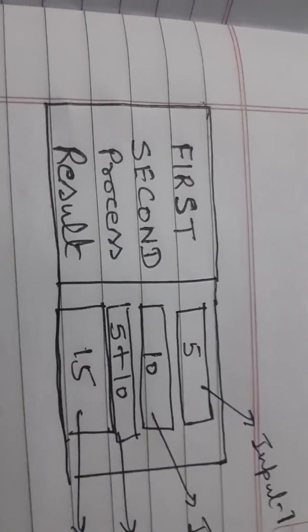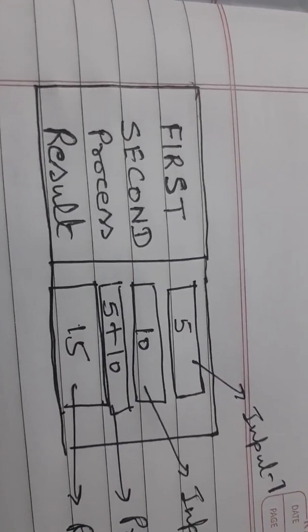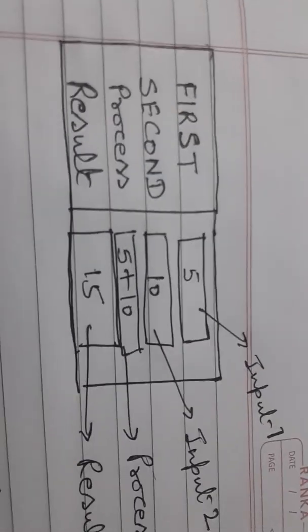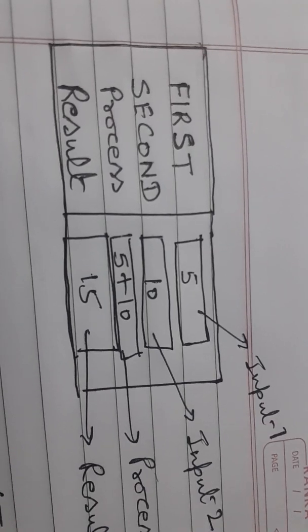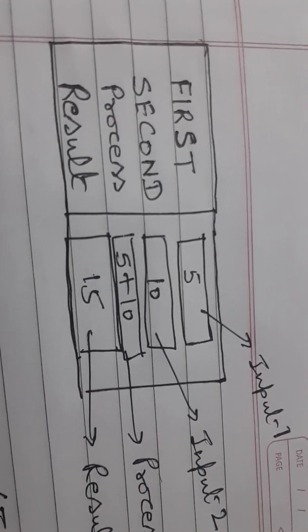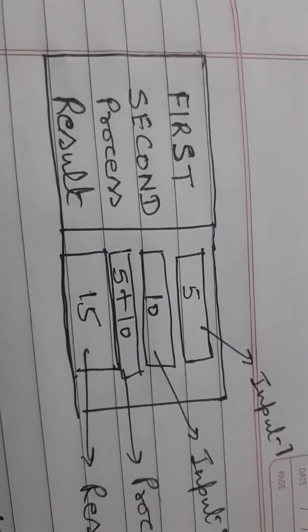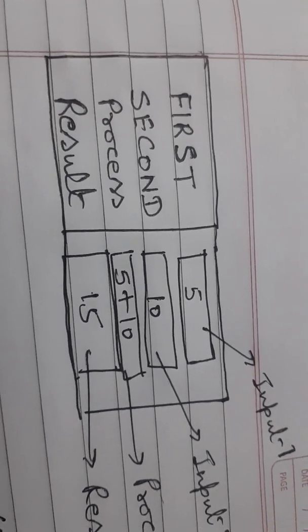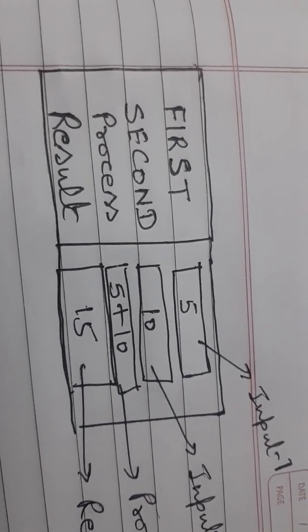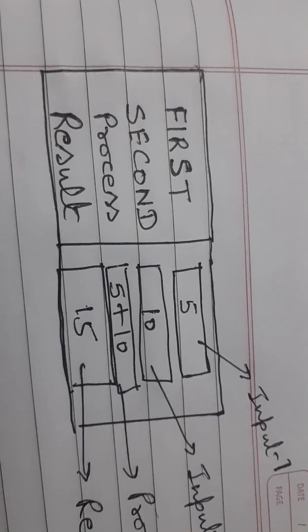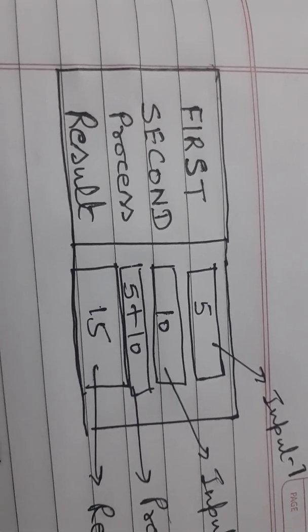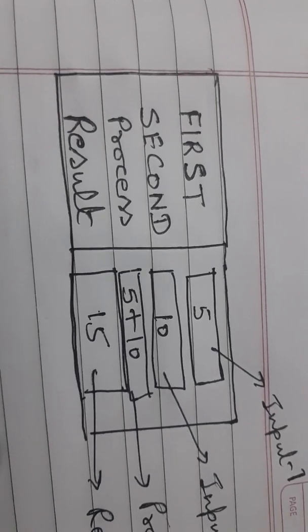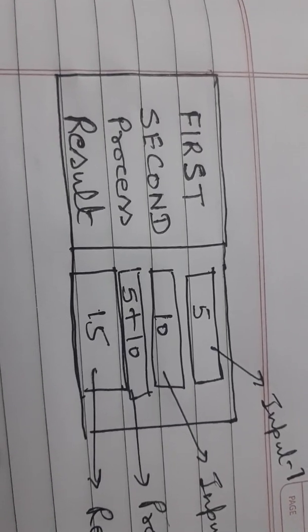First is denoting the input number first, second input number second, then the processing box is here, then the result box is here. Here I am giving first input 5 and the second input 10. Then it is processing 5 plus 10 and we are getting the result.